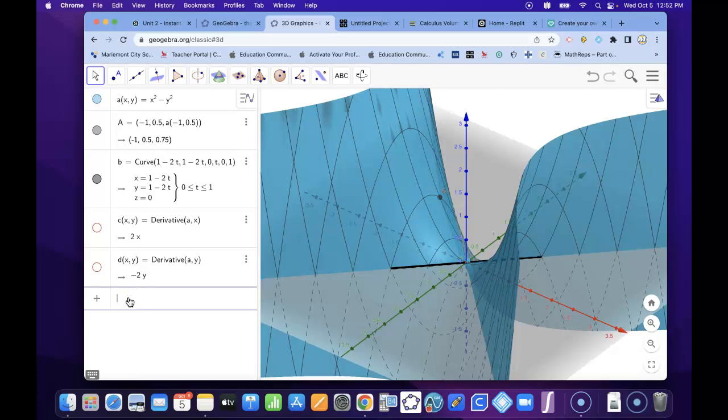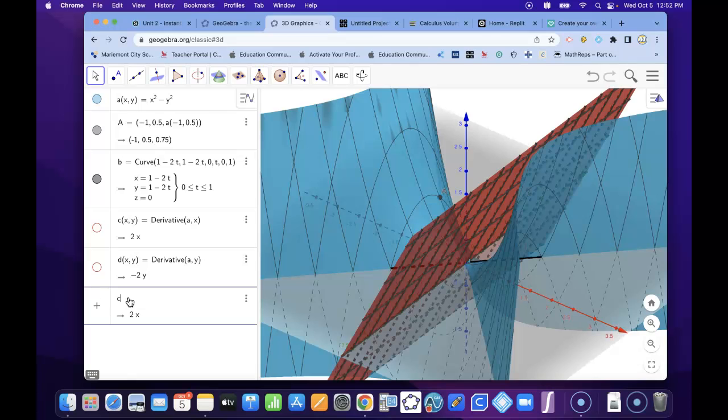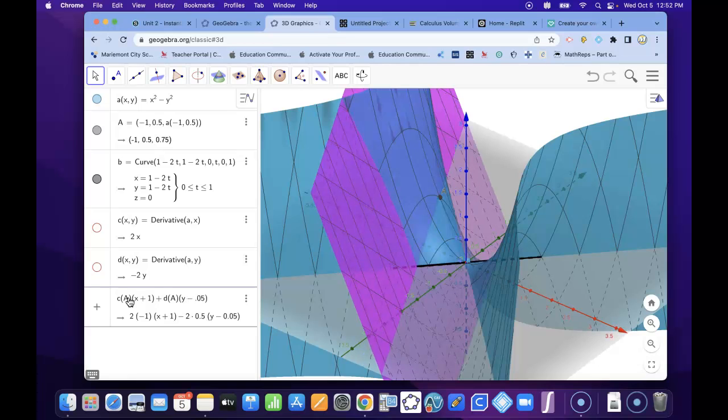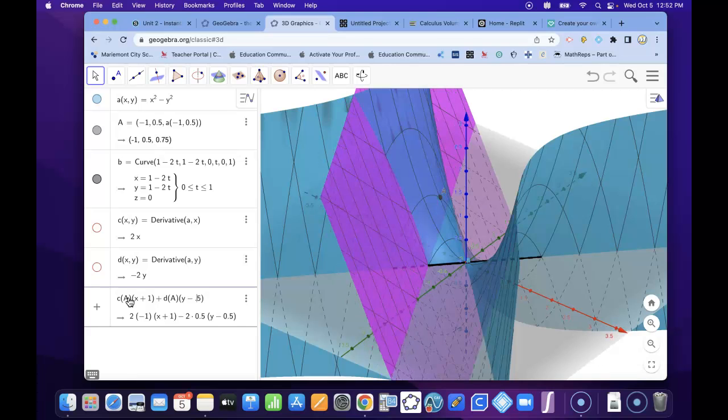And if I wanted to write the equation, it would be the partial derivative in x evaluated at point A, times x minus 1, plus 1. And then it would be plus the partial derivative in the y direction evaluated at A times y minus 0.05. No, 0.5.